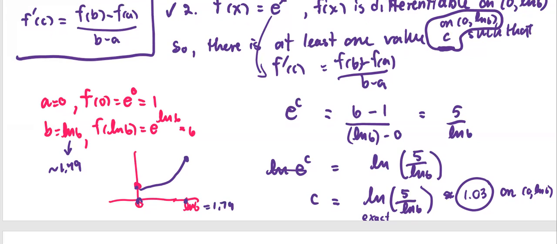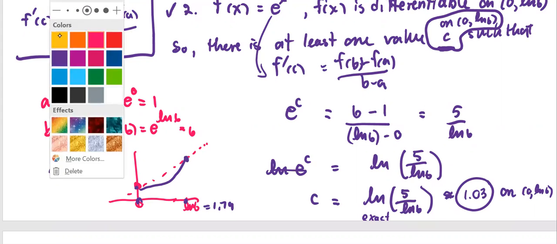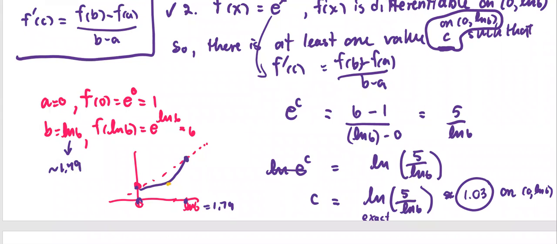The slope passing through these two endpoints has the value 5 over log 6, and then there will be some point on the curve that shares the same slope, which is the point that we found, about 1.03. So that one is f prime at c, and the dotted line has the slope m equals 5 over natural log 6, which is the slope of the secant line.